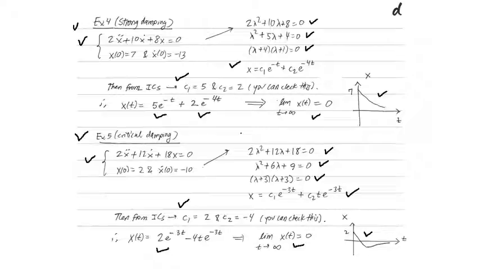And once again, x equals 0 is a horizontal asymptote for our solution, which makes sense physically. If a system is damped and there's no external force, the system should lose energy, and that's what we see from our analytical solution from the formula and from the graph.